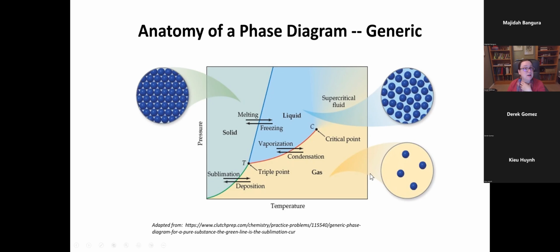The other condition that we really haven't talked about or seen is at the end of the line between liquid and gas, right? The other lines don't have an end. The line between liquid and gas has an end. There comes a point at a certain pressure and temperature where the distinction between liquid and gas is not so clear. And we say we have a different kind of material.